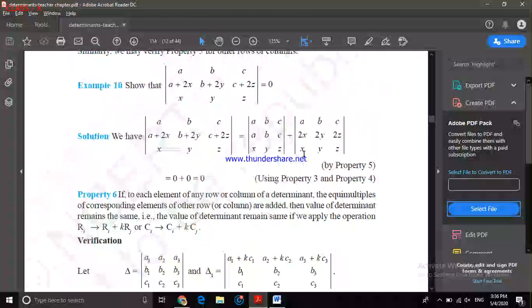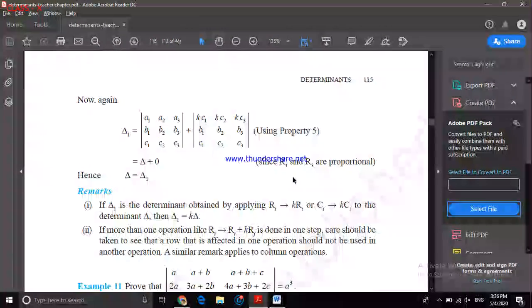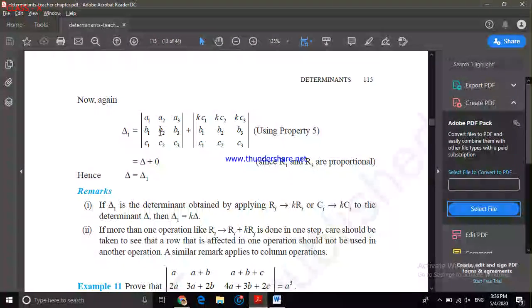As per property 5, a1 plus k c1, a2 plus k c2, a3 plus k c3 I can write as the determinant with a1, a2, a3, b1, b2, b3, c1, c2, c3 plus the determinant with k times c1, k times c2, k times c3. Now if I take k common outside the determinant, you get c1, c2, c3 here and also c1, c2, c3.